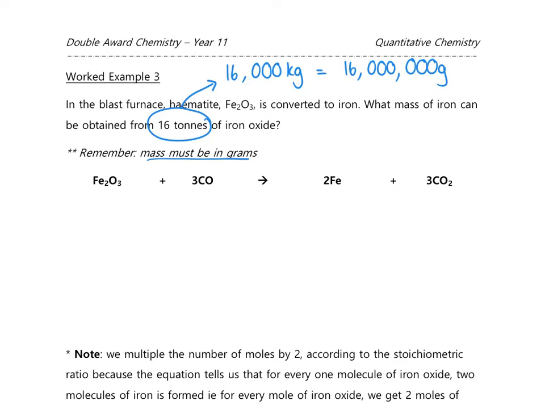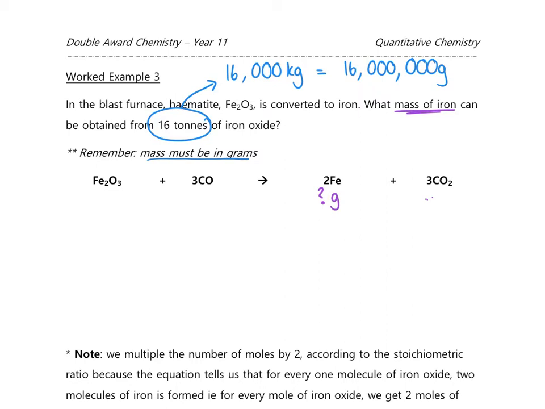Okay, so now I start my moles calculation as normal, and I write down the information that I have underneath the equation. The question asks me, what mass of iron? Iron is Fe, so I want to write my question mark underneath iron.